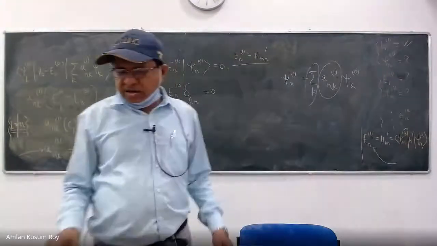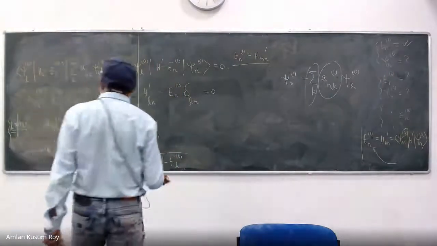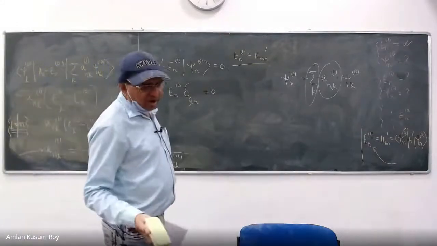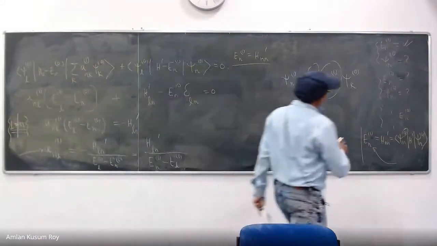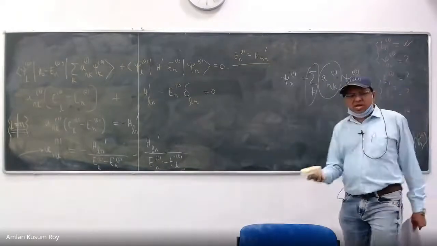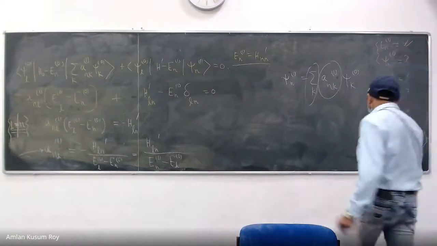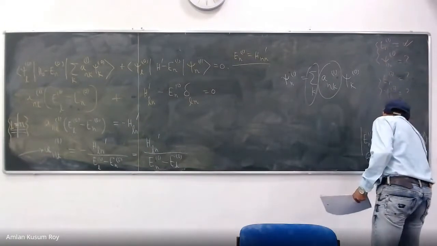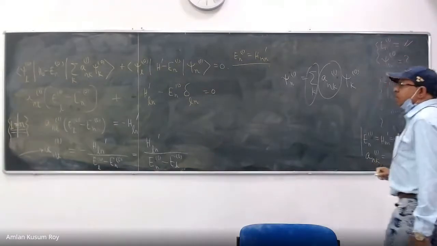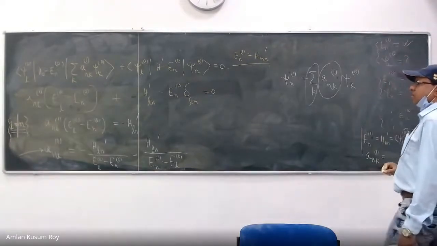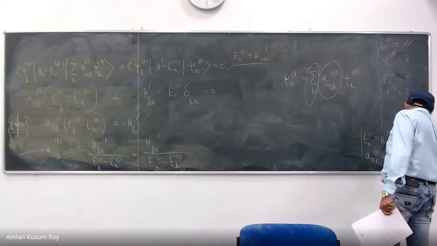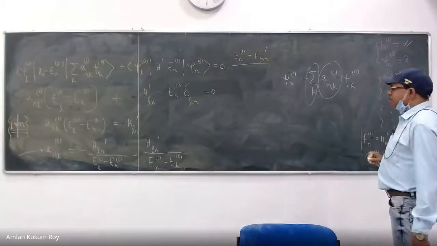Okay. Now let us do the equivalent exercise for psi_n^(2). Remember, I actually made progress to find psi_n^(1). So A_nk^(1) is equal to H'_kn divided by (E_n^0 minus E_k^0).